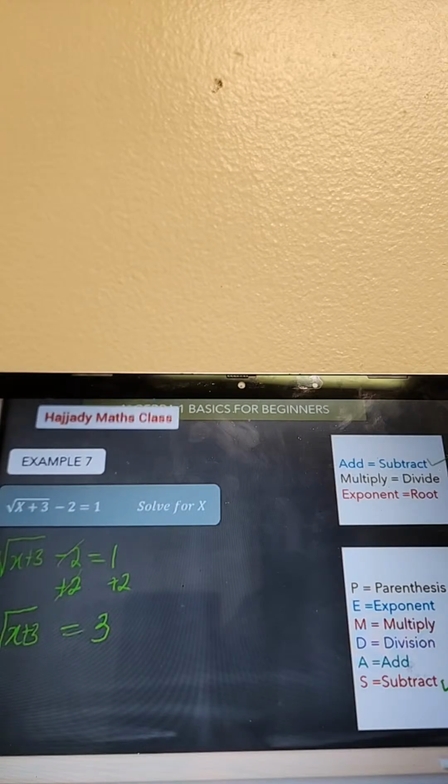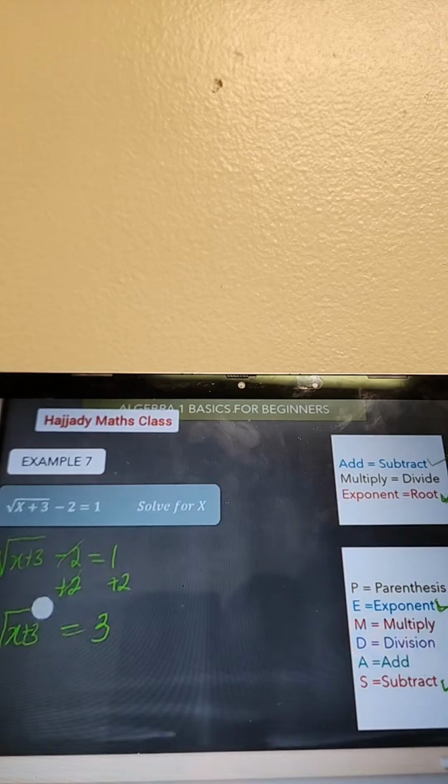Do we have addition? Yes, we do, but it is inside the root, so we don't deal with that. Do we have division? No. Multiplication? No. Do we have exponent? Yes, we do. If you have exponent, what do we do? Exponent to square root. This is what we have. Now, here we have the roots. What do you do when you have the root? You apply the exponent.